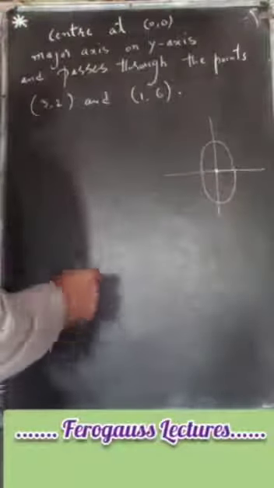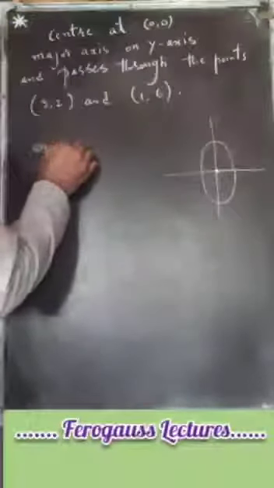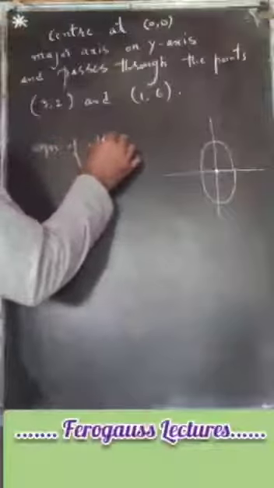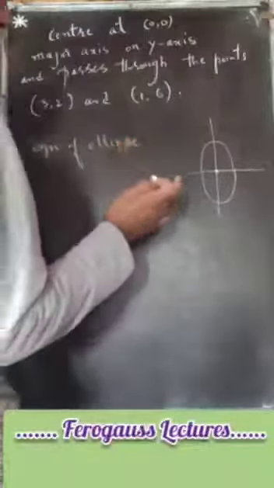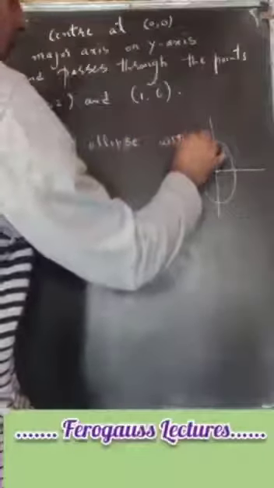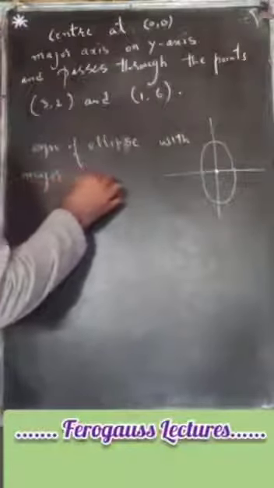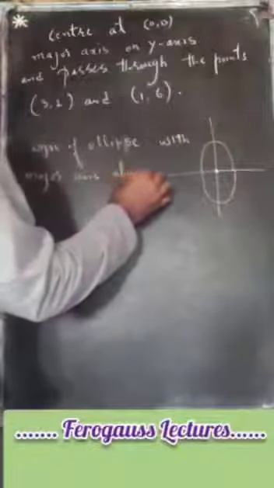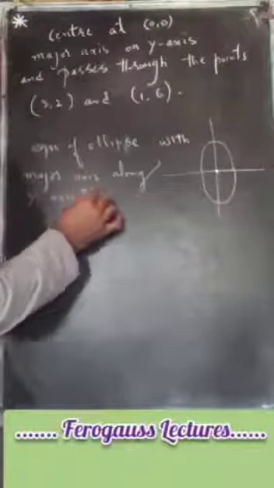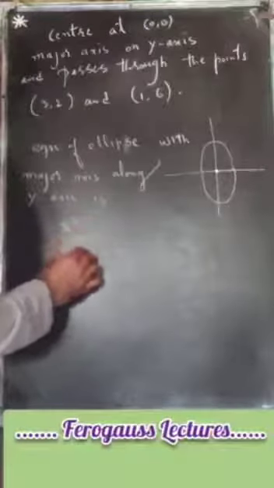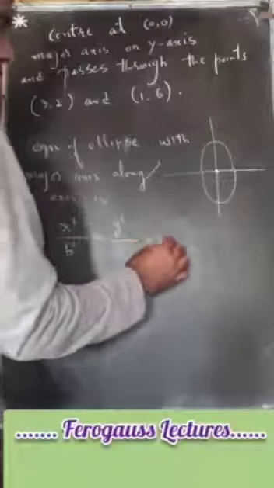We can write the equation of this ellipse with major axis along the y-axis as x square by b square plus y square by a square equal to 1.